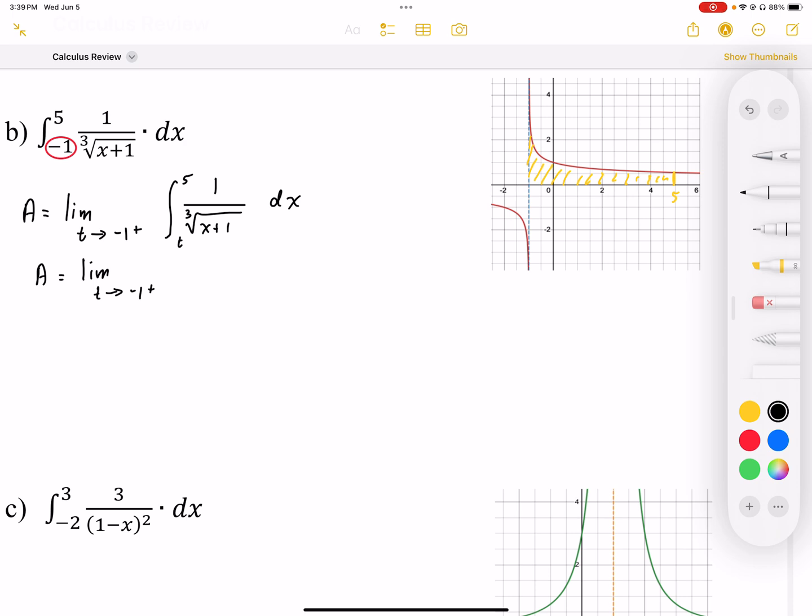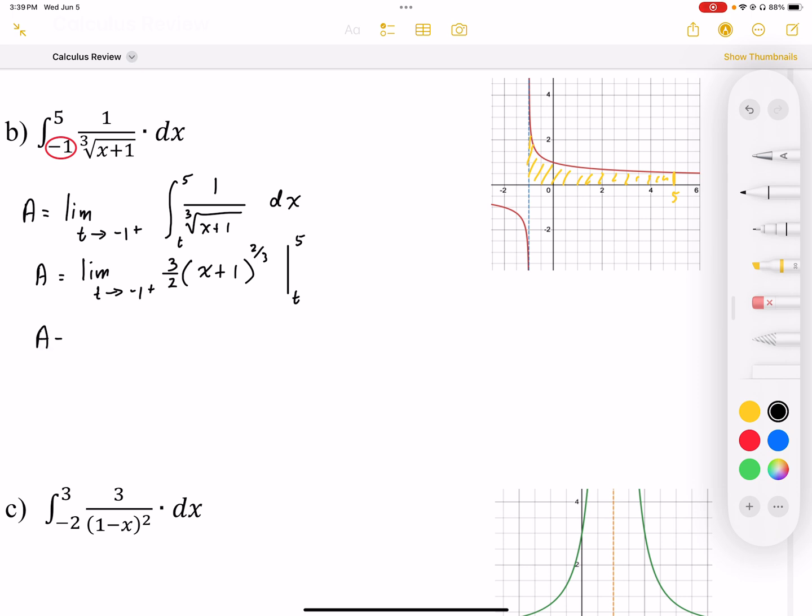So it goes from power negative 1/3 to power 2/3. So I'm just going to write this out, x plus 1 to the 2/3. And I have to divide by 2/3, so I'm going to multiply by the reciprocal, 3 over 2. And then make sure you keep track of your bounds from negative 1, which is t, to 5.